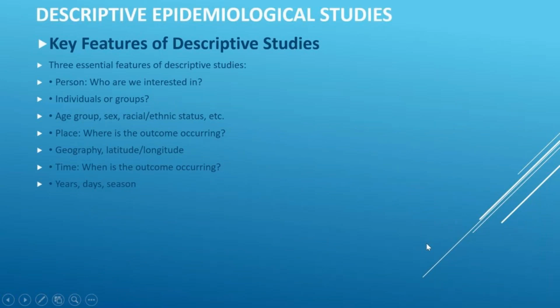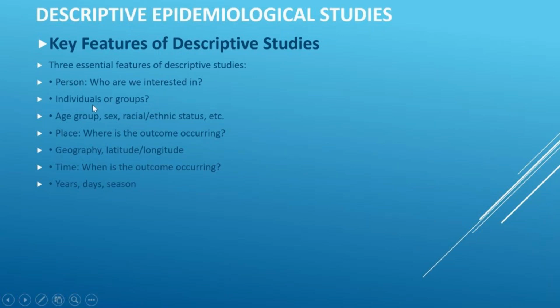Then, descriptive epidemiological studies. What are the key features of descriptive studies? There are three essential features. The first is person: who are we interested in? Like the population of interest or study population.